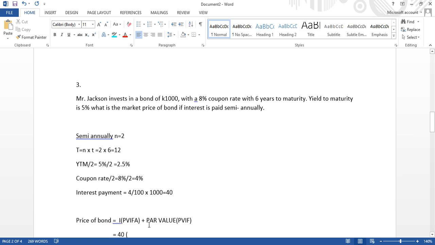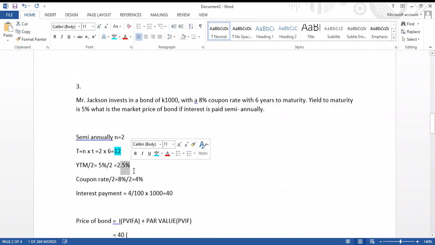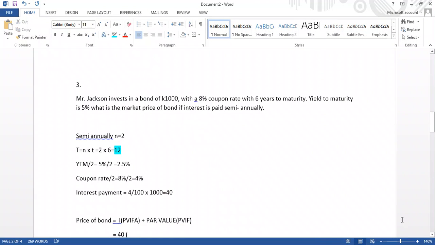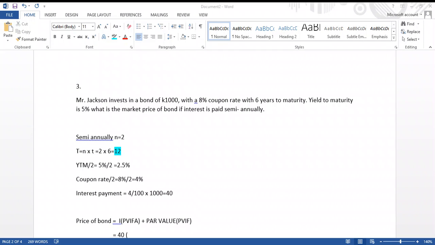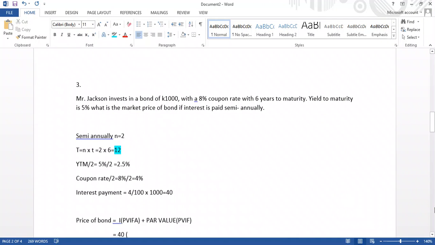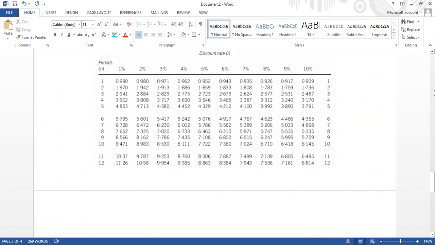For our annuity factor, on our annuity table, N is going to be 12, and our yield to maturity, since it's 2.5%, our discount rate is 2.5%. So we might not be able to use the table. Let us use the formula for our annuity factor.